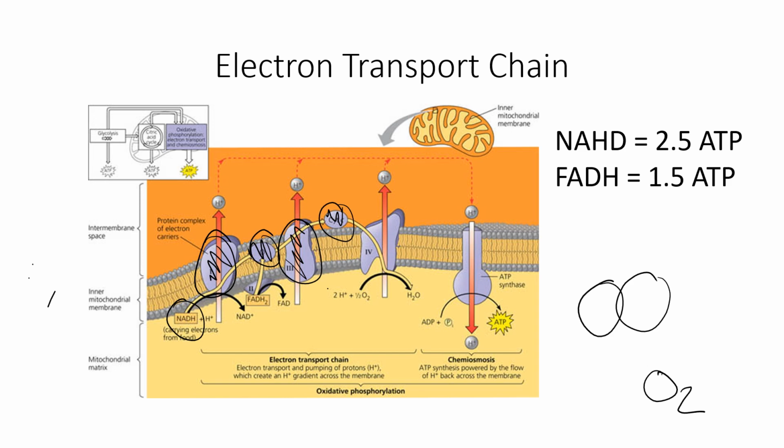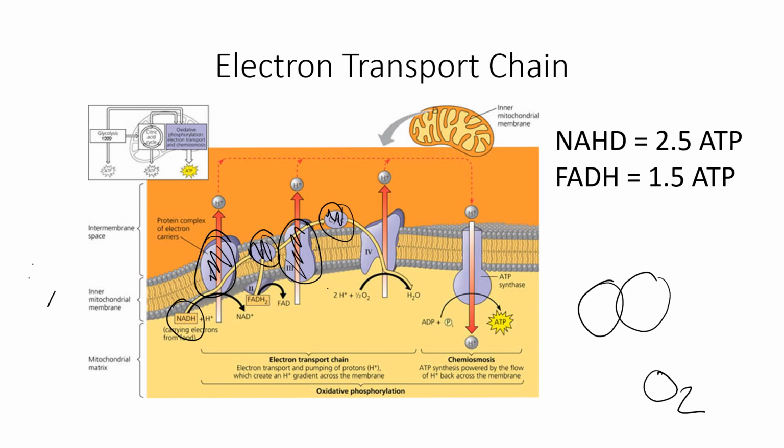And hopefully now you can see why oxygen is so important. If you don't have oxygen, your cells really can't produce any ATP aerobically, because fat is made in a different process, but uses the electron transport chain just like glucose does.